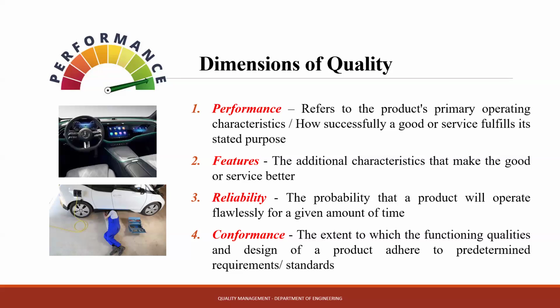Then the second one is features. That is another dimension of quality. Under features, it includes the additional characteristics that make the good or service better. Right? Those are the additional characteristics that enhance the product or service and make it more desirable to the users.